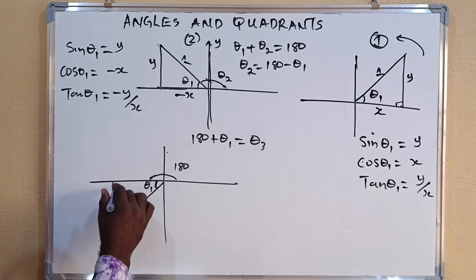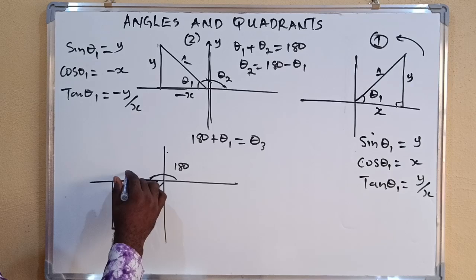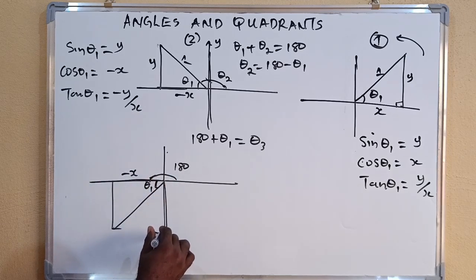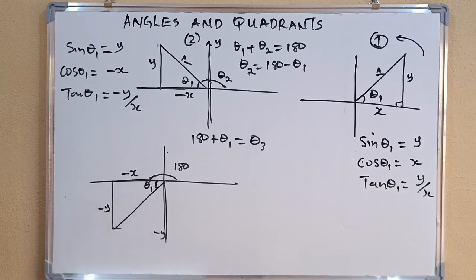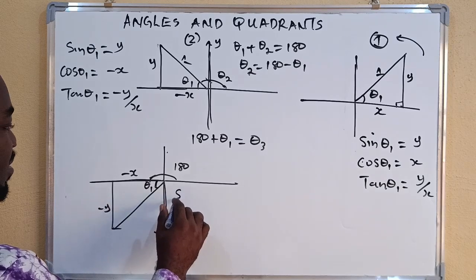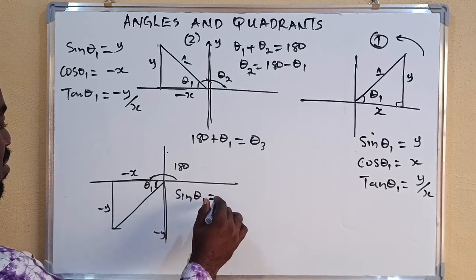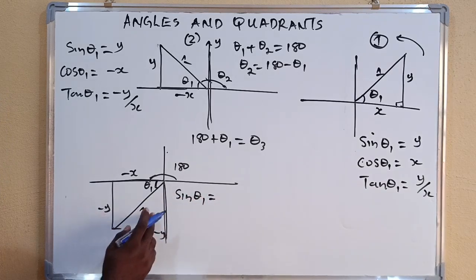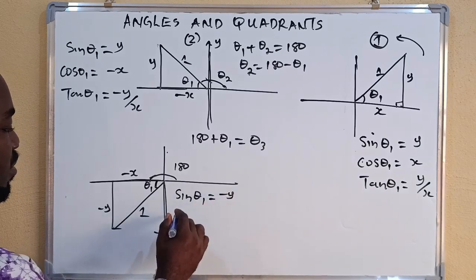Now here is this other line. X is negative. Here, parallel to y, y is negative. So let's progress. Our sine theta 1 will be opposite, here is 1, over hypotenuse, which is minus y.